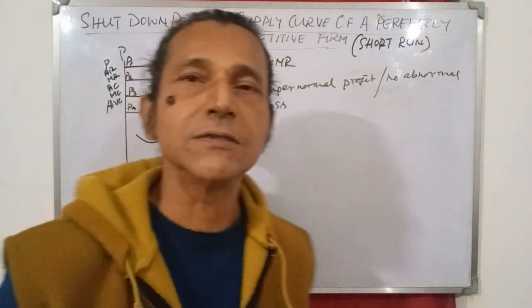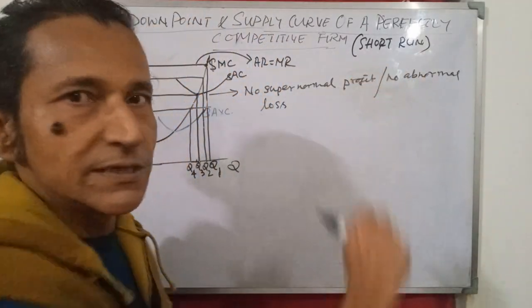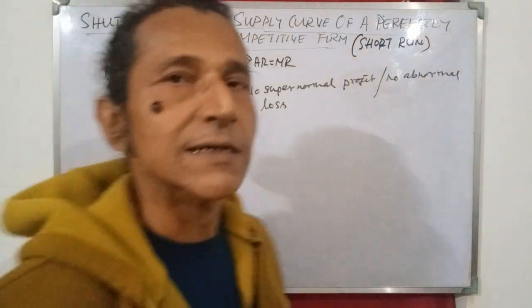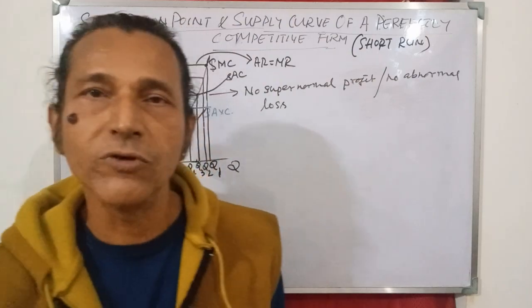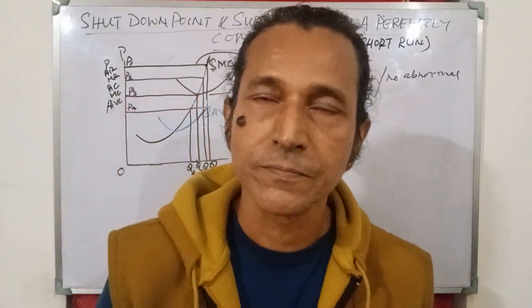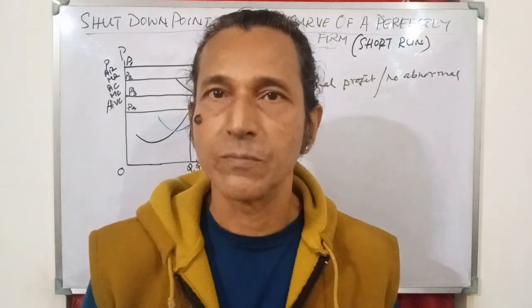This means the firm is incurring loss, that is abnormal loss. The question is, shall the firm continue doing business or shall the firm go out of the market? The answer is no, the firm won't go out of the market.